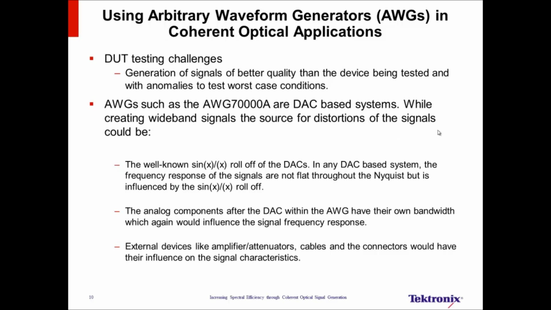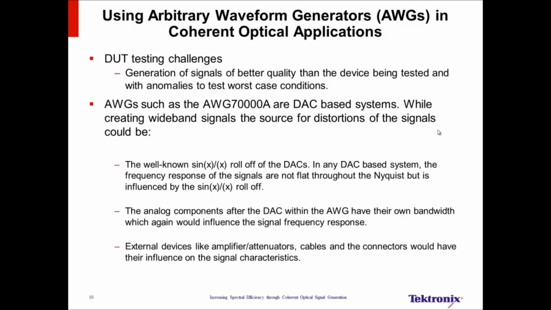So some of the challenges of using a DAC-based system or an AWG is that DACs tend to have a sin x over x roll-off. All DACs have this characteristic.